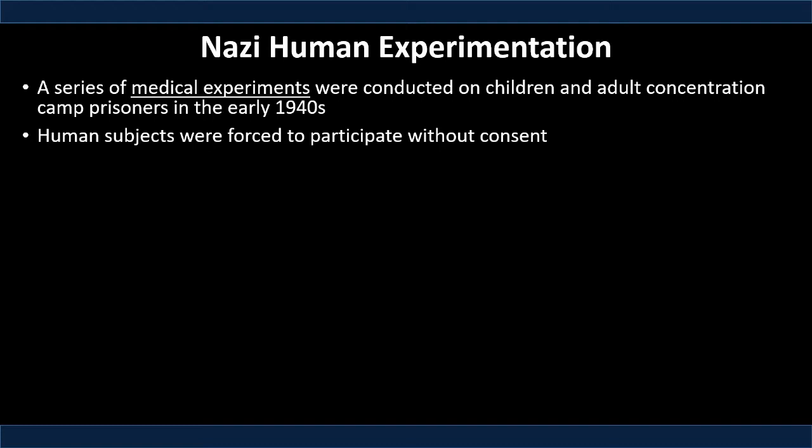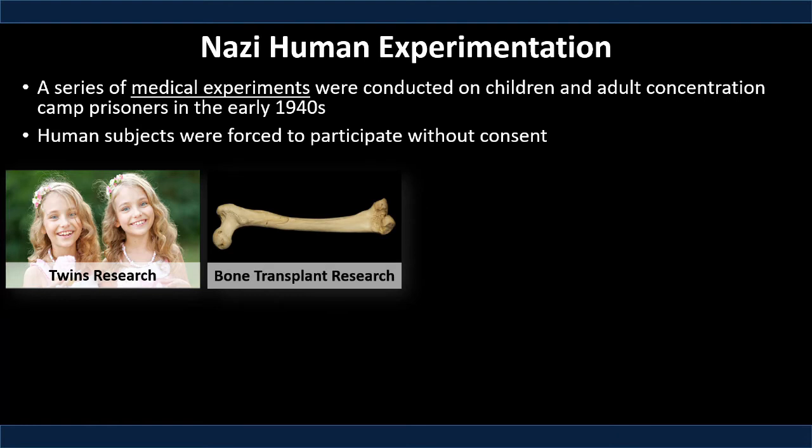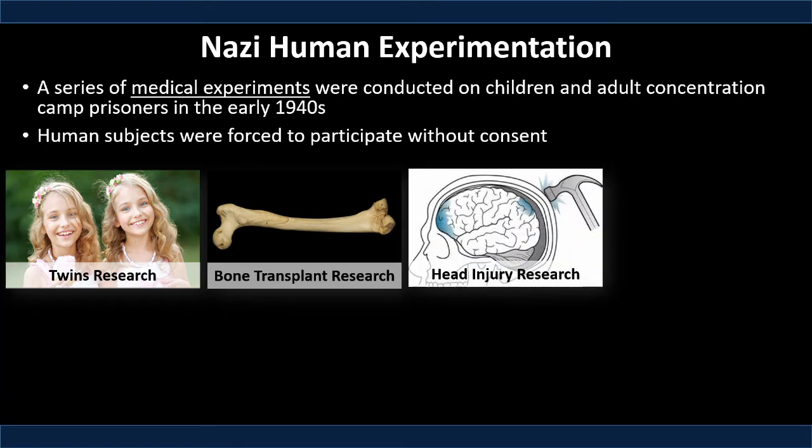The most notorious of these experiments that happened in concentration camps were on twins, where dyes were injected in one twin's eyes to see if the color of the other twin's eyes would change. They conducted bone transplants from one human to another human without anesthesia. They conducted head injury experiments where they would subject children to constant head injury until it drove them insane.